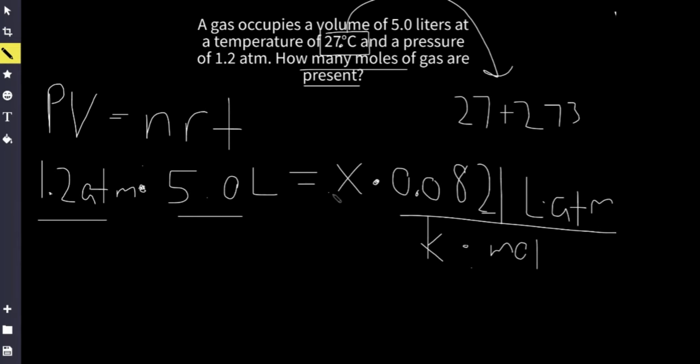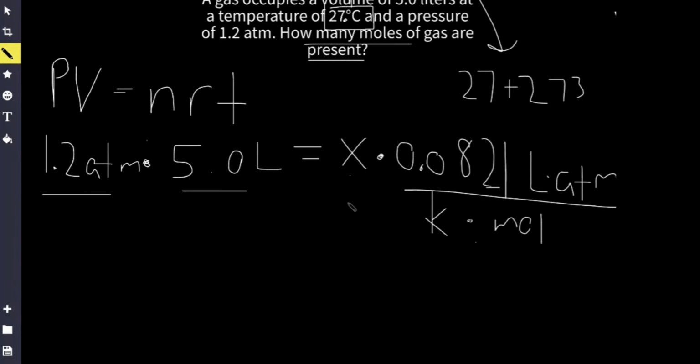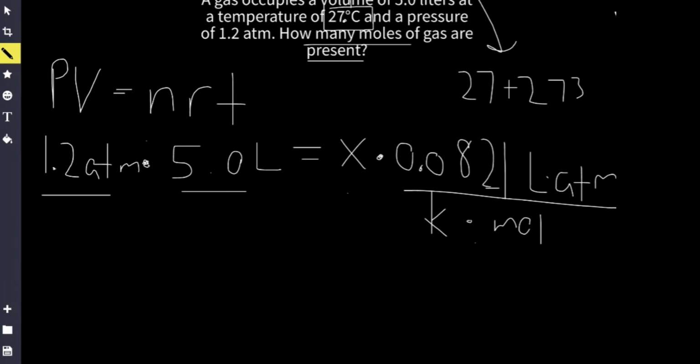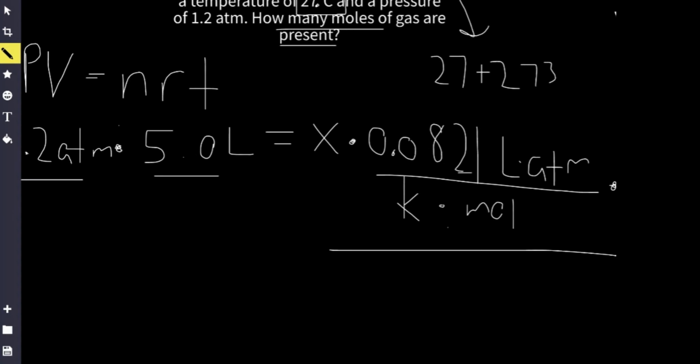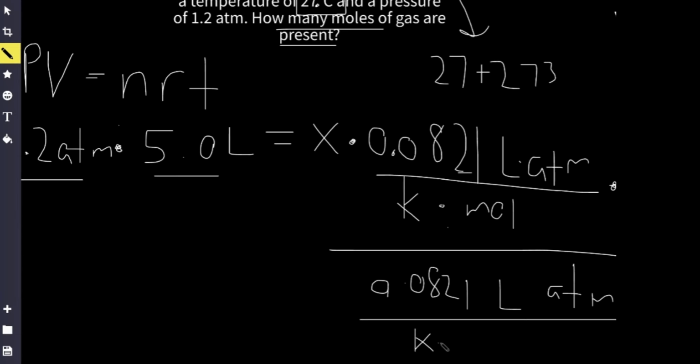So let's solve for X. What we're going to do is divide both sides by 0.0821 liter atm. I'm just going to make a cut here so that you don't have to see me writing this whole thing.